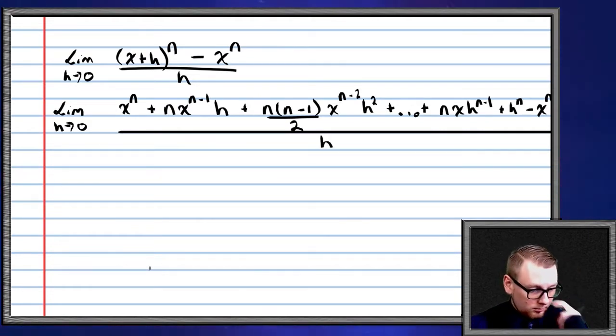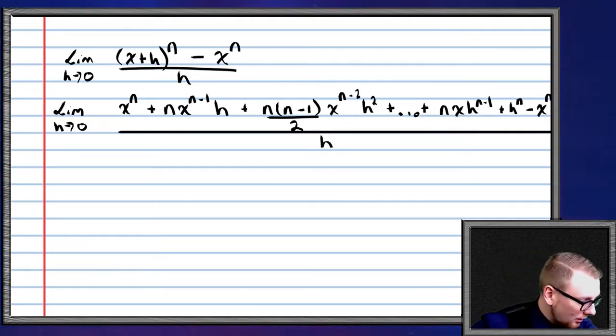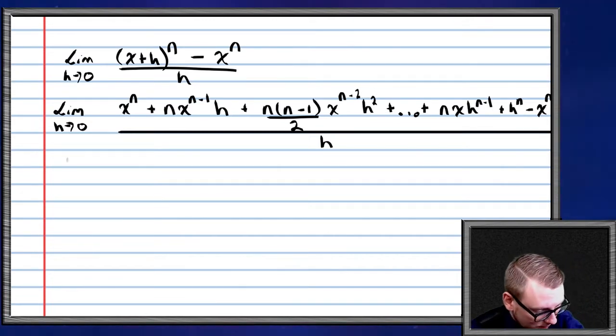Okay, we see that we've got x to the n and a minus x to the n, so those will cancel out.